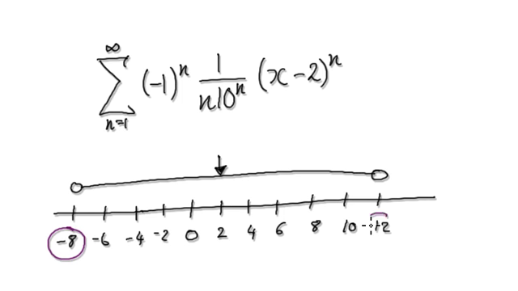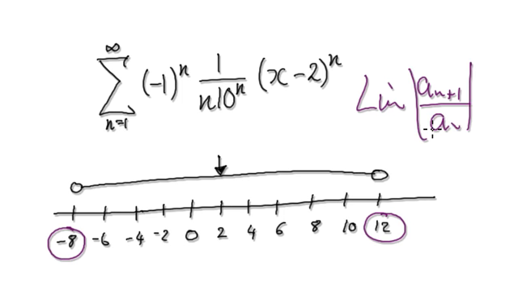But the thing is, if you put x on -8 and on +12, this value here, a_(n+1) over a_n, as n tends to infinity, on -8 will equal precisely 1, which will be inconclusive.